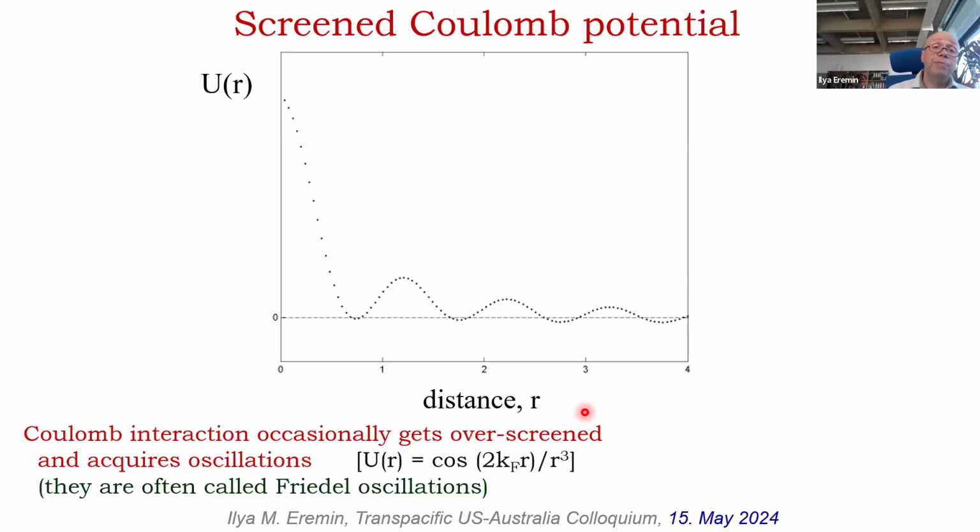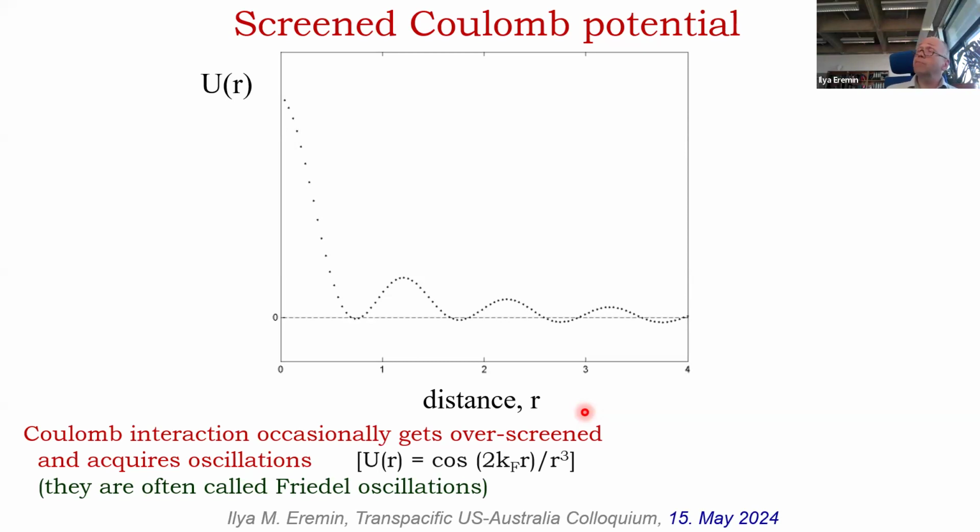So let me start with cuprates. But before doing this, let me mention again that I told you that the basis of the non-phononic mechanism of Cooper pairing was developed in the context of superfluidity in helium-3. So the first thing you know is that in a solid, Coulomb repulsion is screened. This is known under the name of Thomas-Fermi screening.